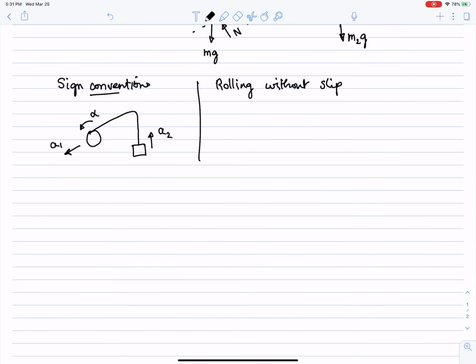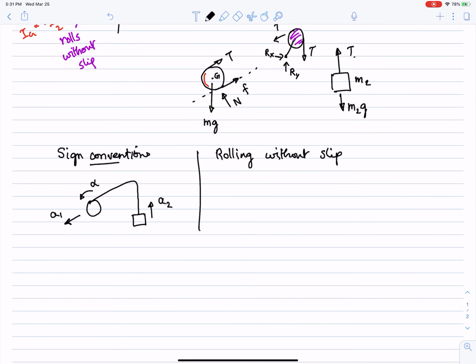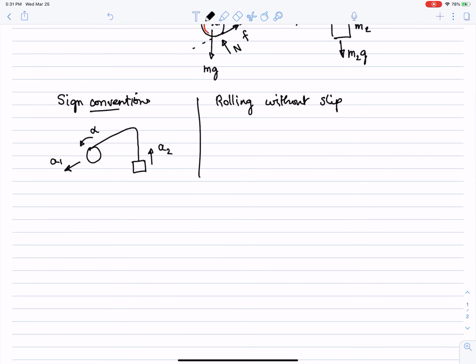We can do this many times, so to speak. We have this object, this is G, if this is omega, and this is v.